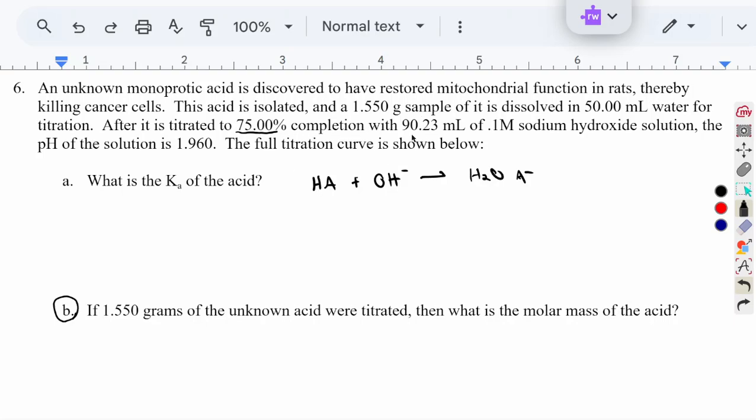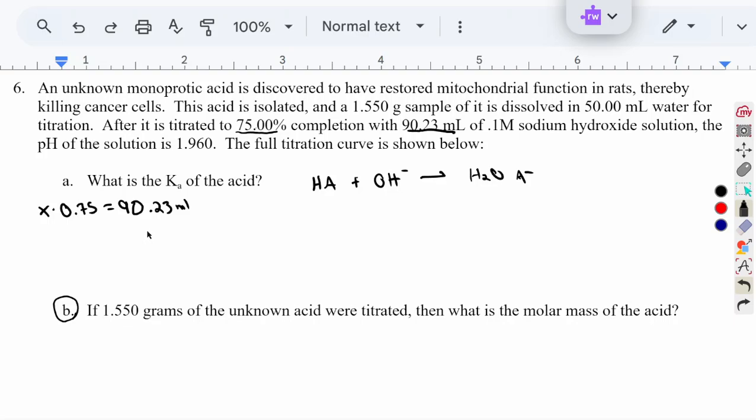If 90.23 milliliters of sodium hydroxide neutralizes 75% of it, then how much would neutralize 100%? And so if you think about it, I don't know how much 100% is. It's X times 75%. We can change that to a decimal. Is equal to 90.23 milliliters.